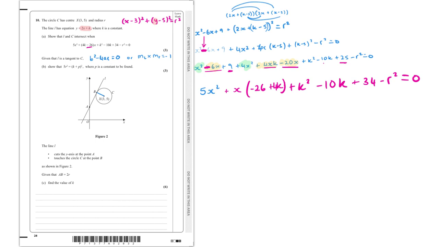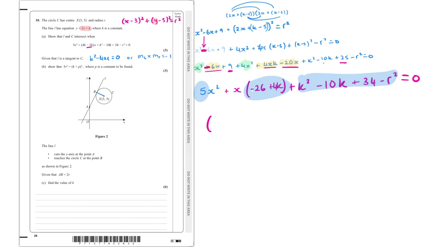Discriminant equals 0. Let's try that. So what do we know about the discriminant? We have A. What's my A? Okay, what's my B? And then what's my C?